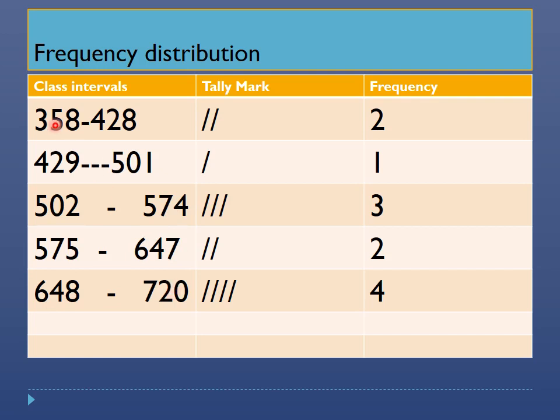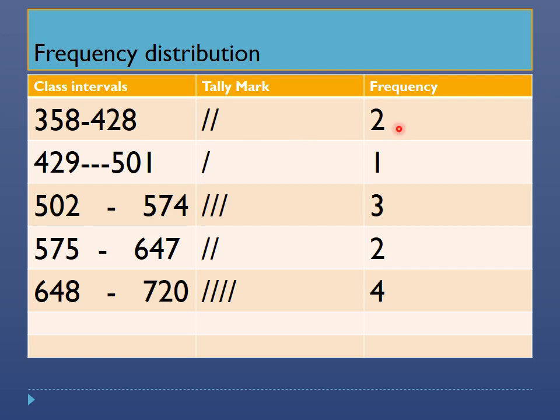The gap or size of the interval, which is 73 as we already found, is called the size or width of the interval, and sometimes it is noted by a small h or w, you can mention either.